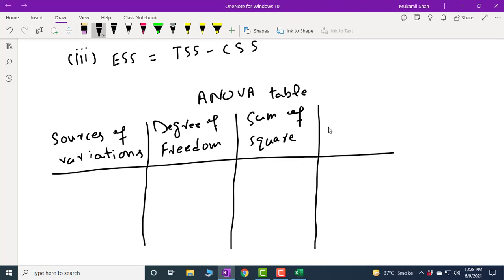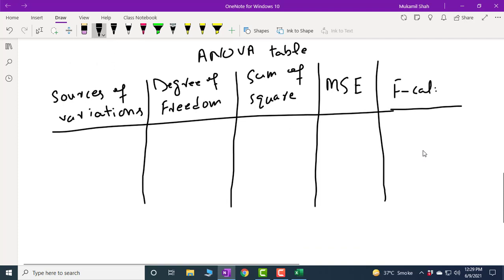The fourth contains mean square error. And the last, F calculated value.